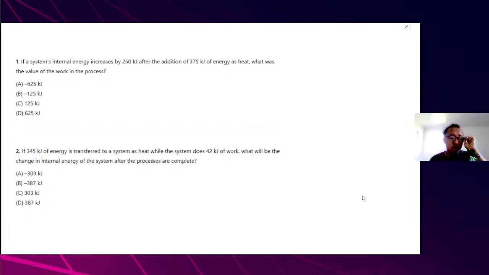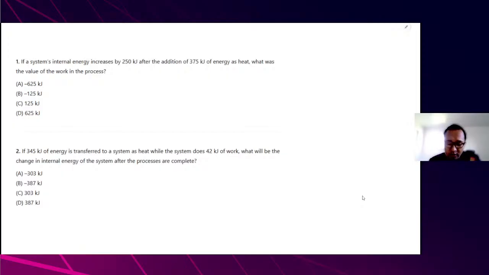So now let's continue our previous discussion. We are done with the study questions, and now we are moving on to the real practice exam.